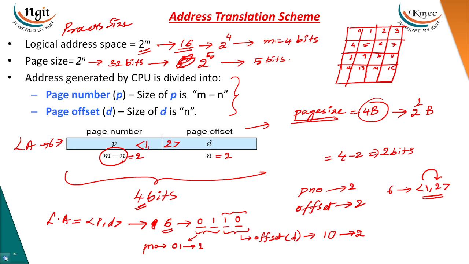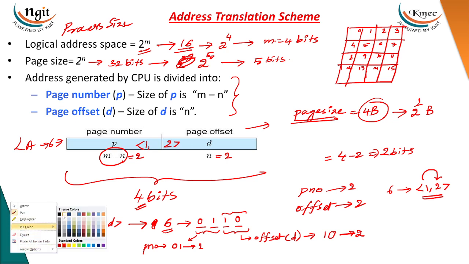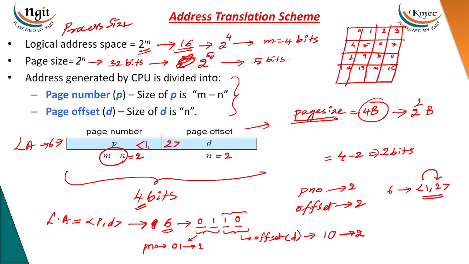Here I need the sixth location. These are page 0, page 1, page 2, page 3. Address 6 is converted to 1 comma 2, so I go to page number 1.